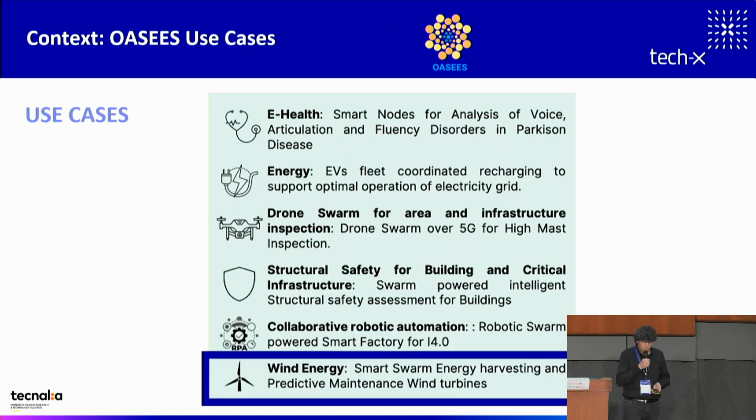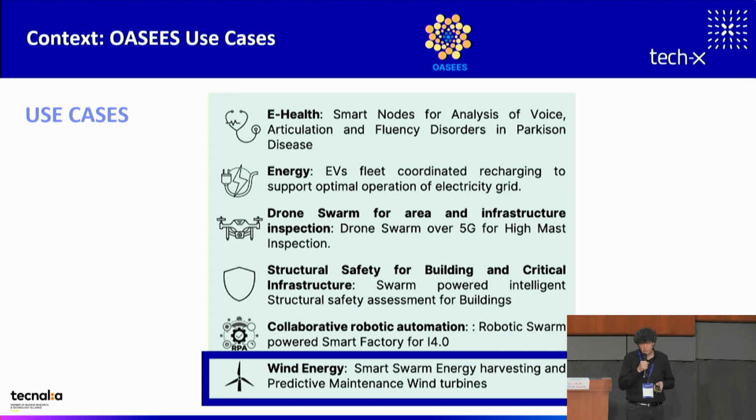Okay, so related with the use cases, all the project and all the use cases are running around the concept of decentralized intelligence and smart swarm of edge devices. And we have one use case related with health, that is working in the analysis of voice related to the Parkinson disease.